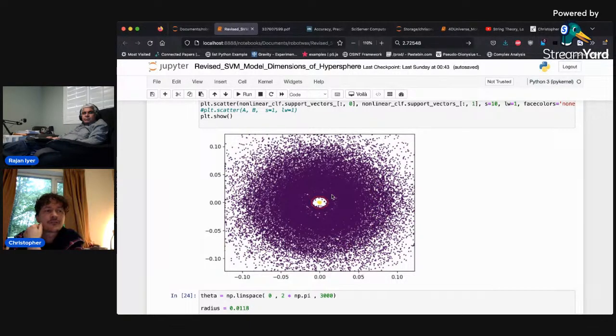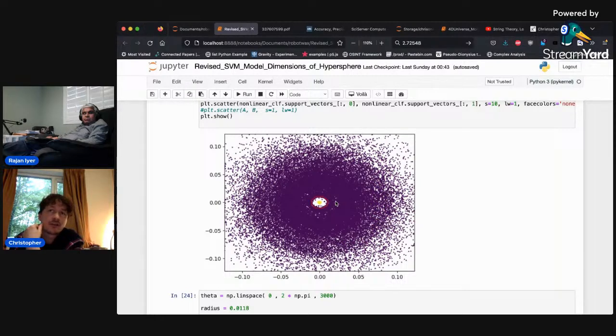If transforming everything one way puts it inside one sphere, and transforming it the other way puts it outside, then perhaps the decision boundary is sitting in between the two, which would mean that the actual radius is twice the size of the decision boundary.